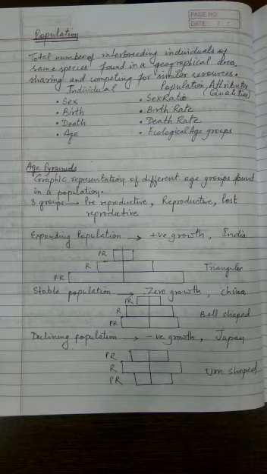So we learned in the last class about the graphical representation of the age groups in the population, which is called the age pyramid. The graphic representation of different age groups found in the population is called the age pyramid.